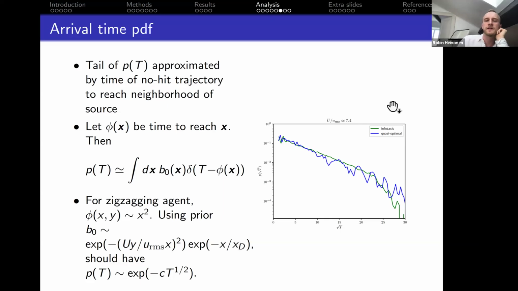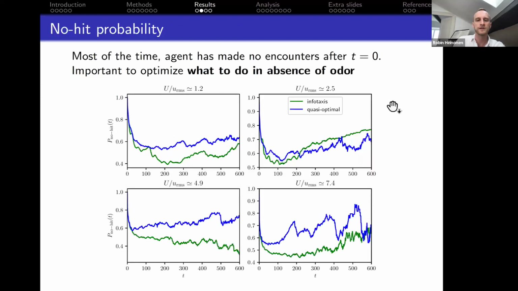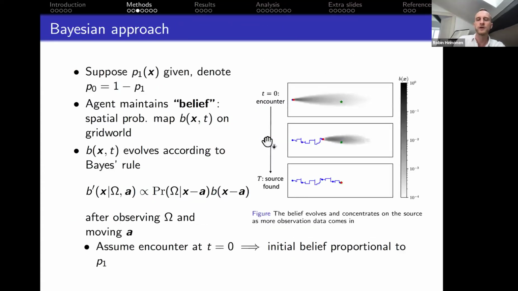So my main comment is that probably these real animals are not Bayesian agents. We have a lot of computational machinery going into solving for an optimal policy. We have to maintain this posterior, and it's a huge, computationally memory-intensive thing with thousands of grid points.